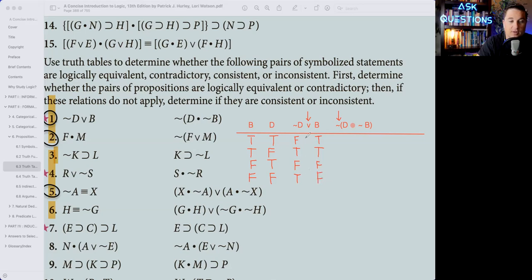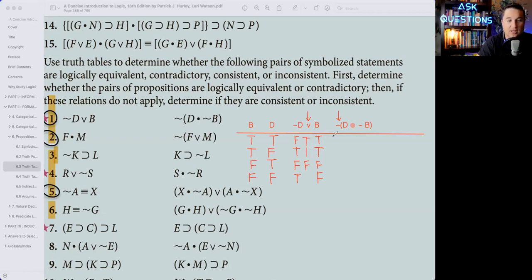And then what's going to go in here is going to depend on these disjuncts. So remember that or statements are only false when both parts are false. Otherwise, the truth spreads to the rest of the statement. The virus of truth for disjunctions.